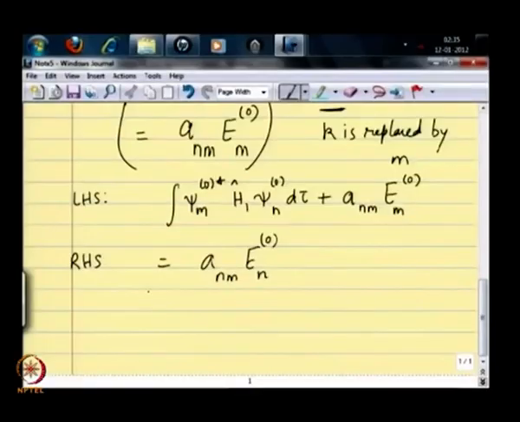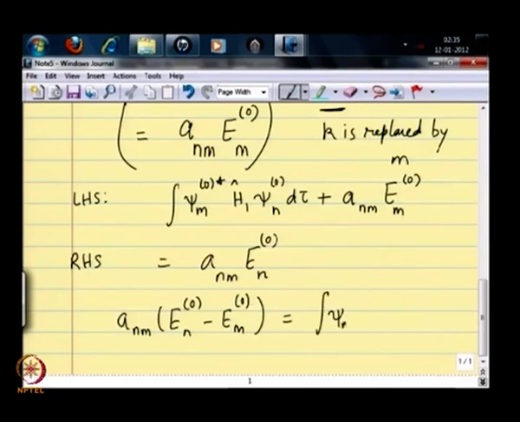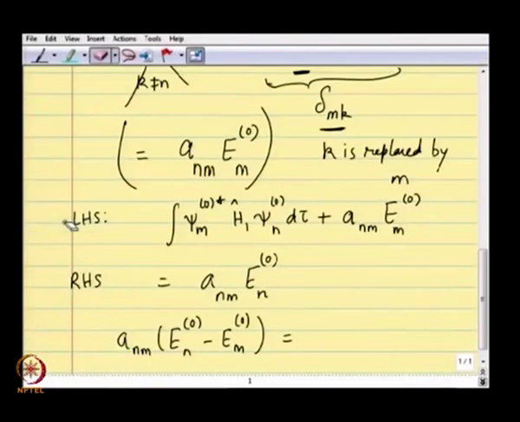Now the summary is that the coefficient a n m, if I bring this to the right hand side, the equation is that a n m times e n 0 minus e m 0 is equal to the integral psi m 0, which we can now write using the Dirac notation, namely psi m 0 h1 psi n 0.